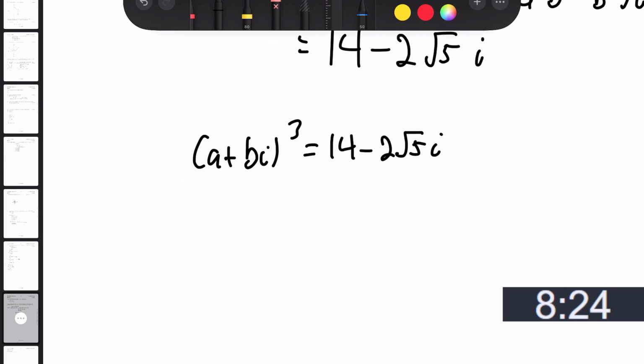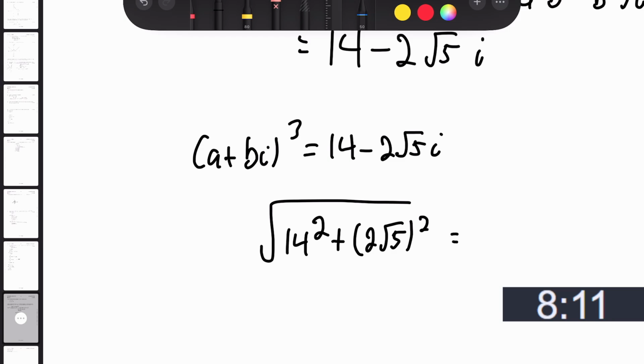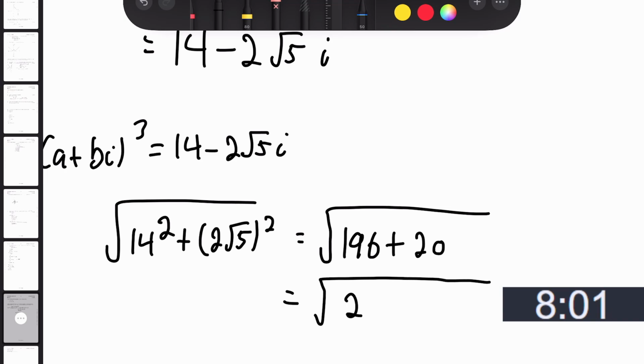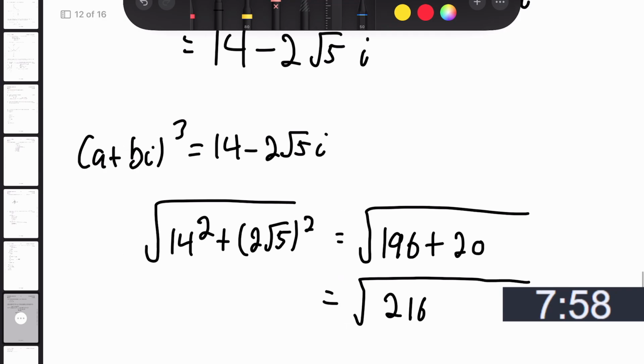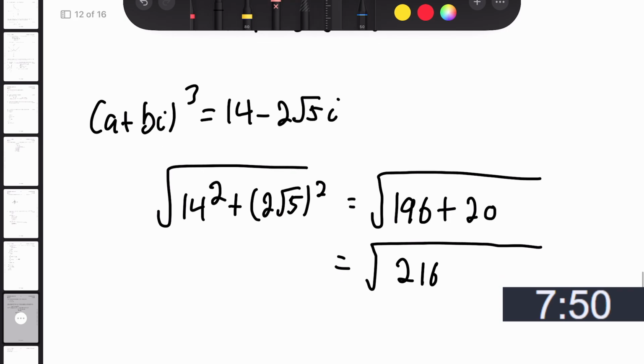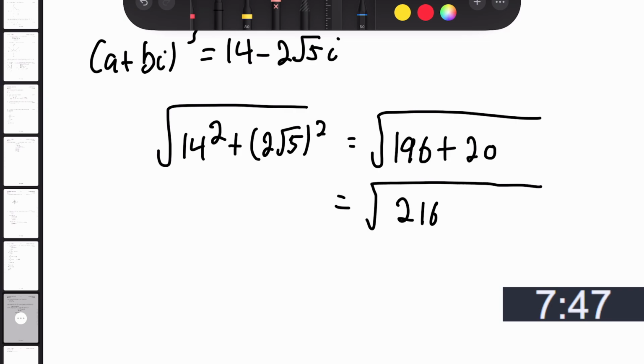So if I find, let's say, the third root, 14 squared plus 2 square root of 5 squared is the square root of 196, and 4 times 5, 216.